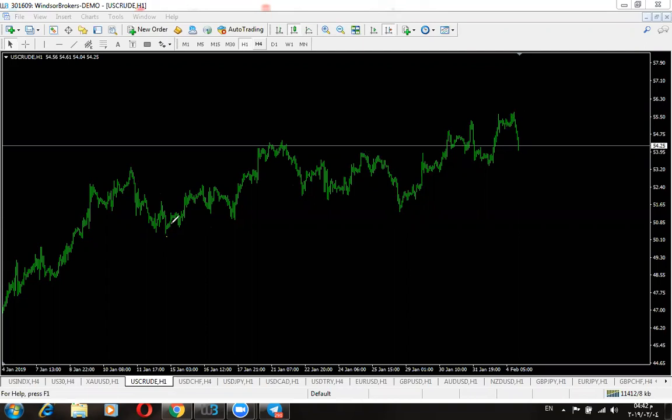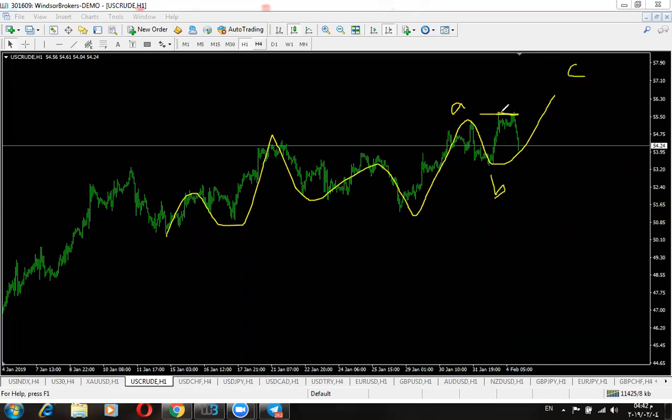But as I told you, ABC to the upside, ABC to the downside, then we have to see A, B, C. But I don't think this is A, this is B, and we have to see C. I don't think C has ended at this place because we might see another type of correction for wave B in the form of a running or expanded flat. So we have to be very careful regarding this entry.